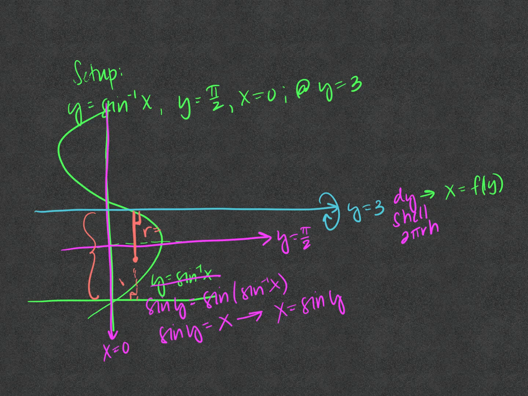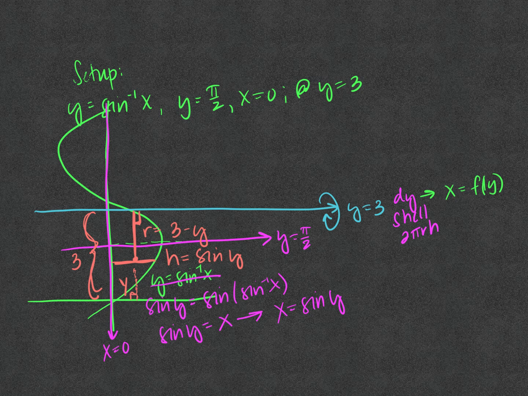In this case, the variable is y. So the piece from the blue all the way down to the green is 3, and we need to subtract out the y down here. So our radius is going to be 3 minus y. That takes a minute to think about. You got to think about it. Pause. 3 minus y. Now our height is not too bad because our height is just going to be that equation, sine of y.